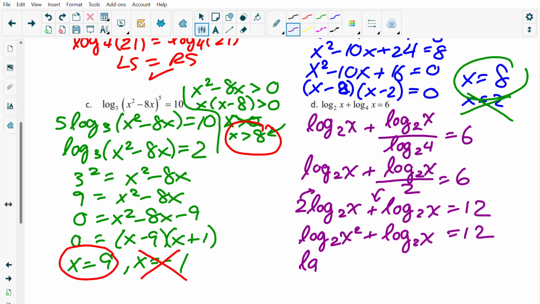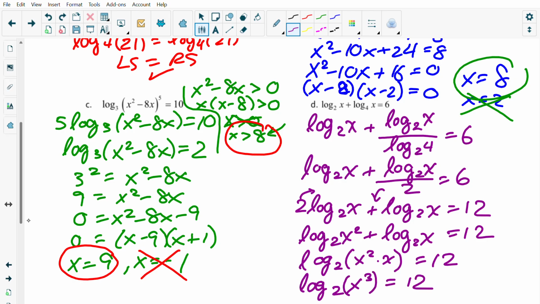Let's apply the product law here. So that's log base 2 of x squared times x equals 12. Okay, I get log base 2 of x cubed equals 12.